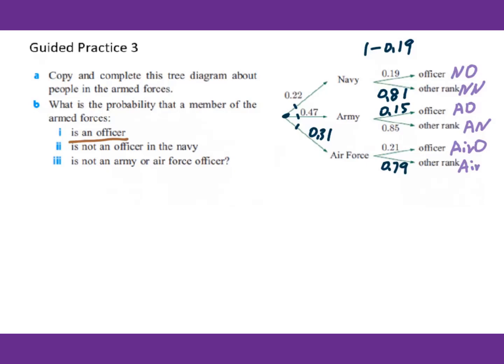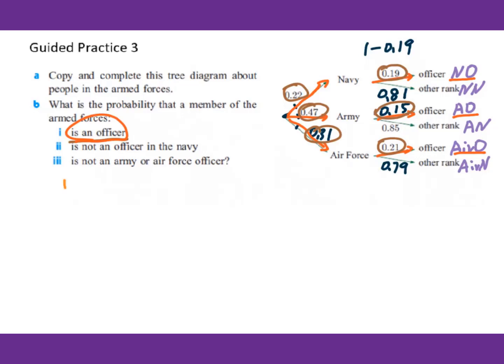Air Force not officer. So when you're looking for is an officer, you have 3 outcomes. That means for this line and this line, then go from here to here, we multiply the probabilities, like these 2 multiply, then these 2 multiply, then you add.